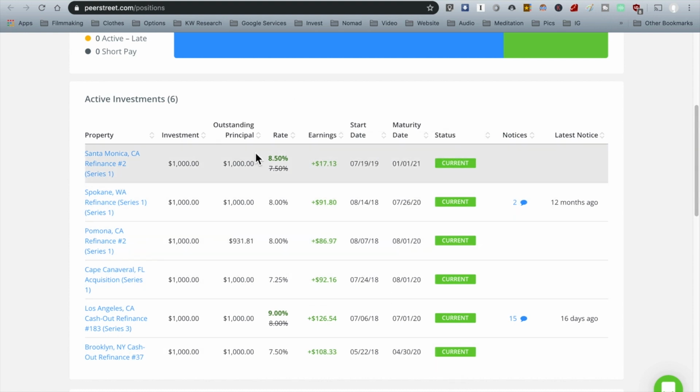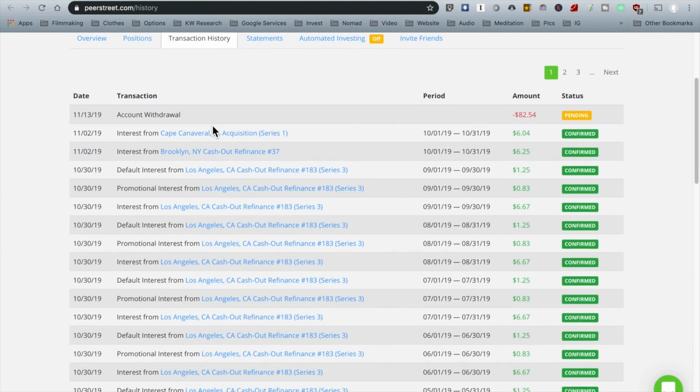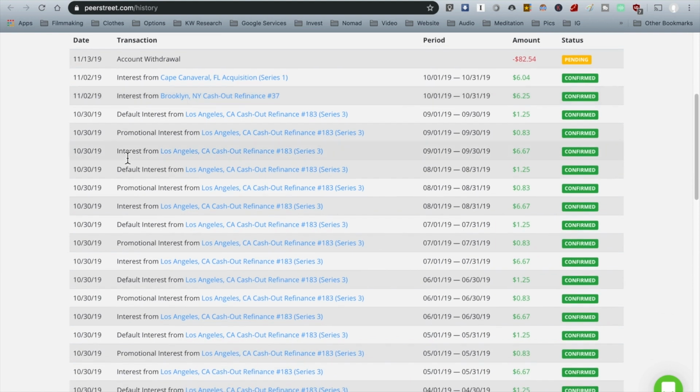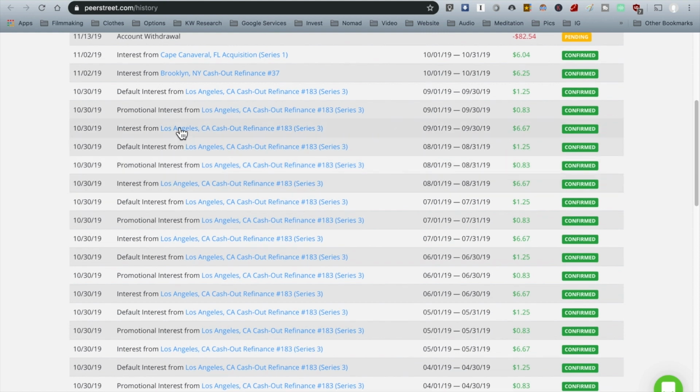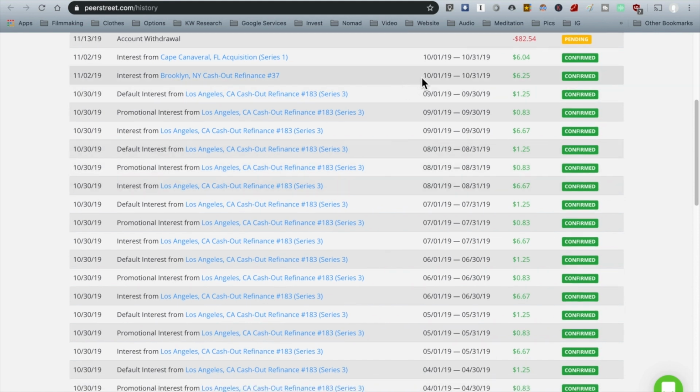And then you can also see my start date, maturity of my loans, and the status of my loans are all current. And you can see right here, here are my transactions from November 13th, 2019 through October. And I touched on this on my last video where one of my default loans got paid back and all the interest got paid all at once. So you can see it's quite funny.